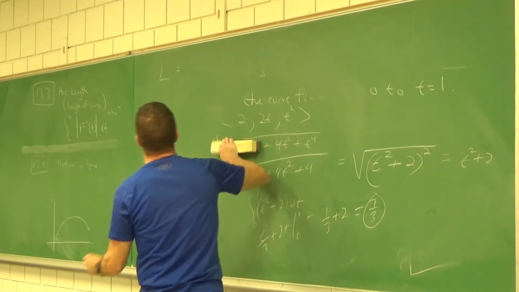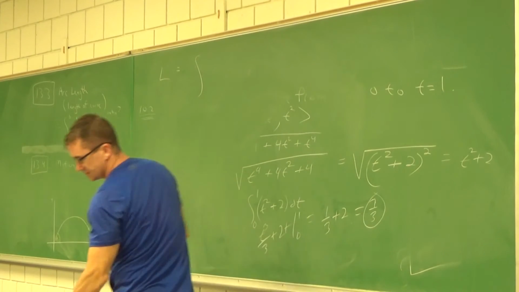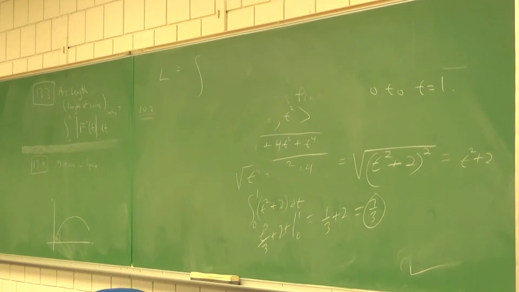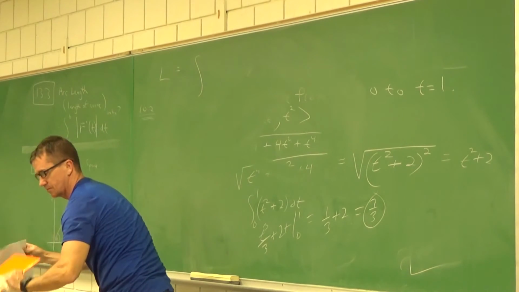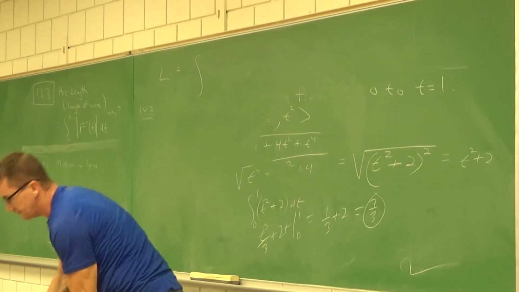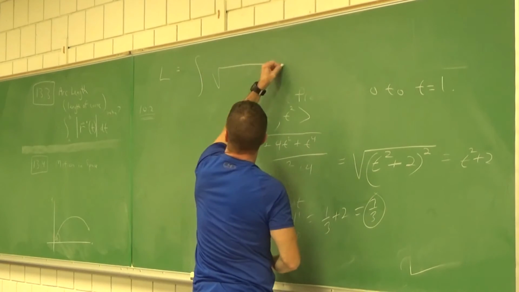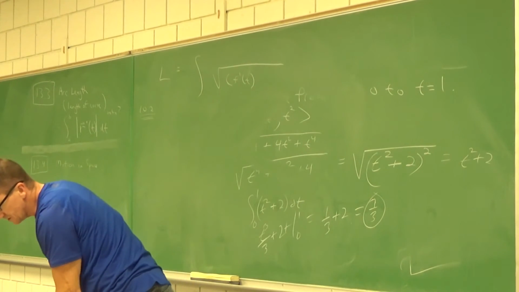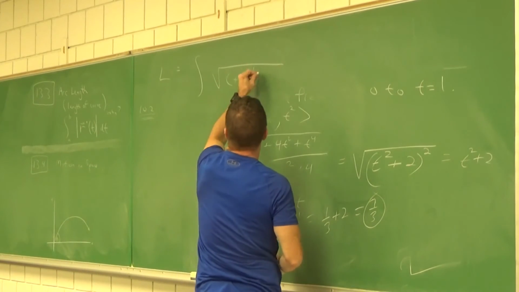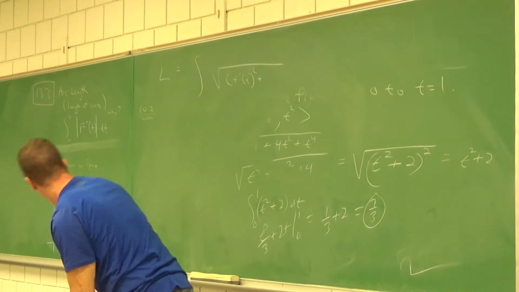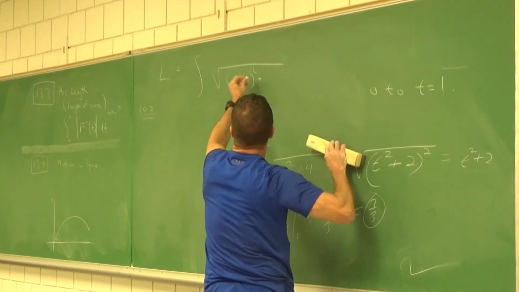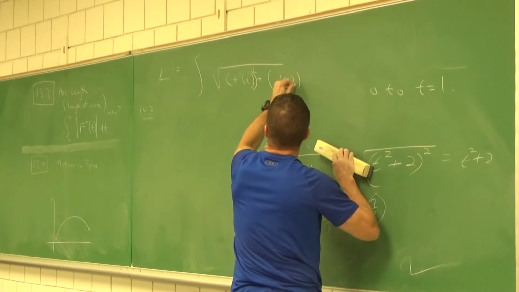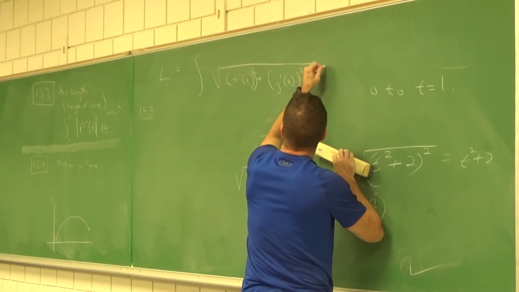They got length is equal to the integral of the square root of f prime of t squared plus g prime of t squared dt.